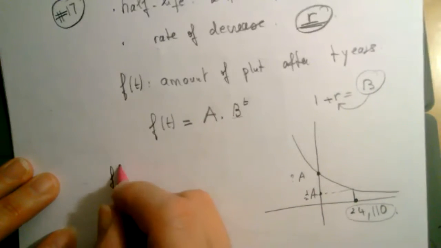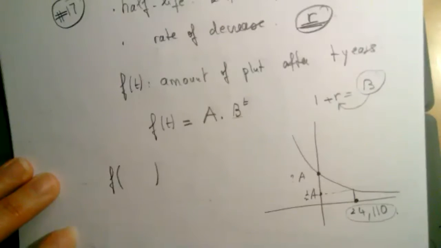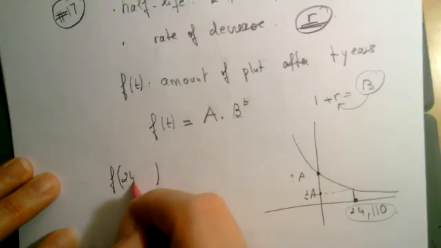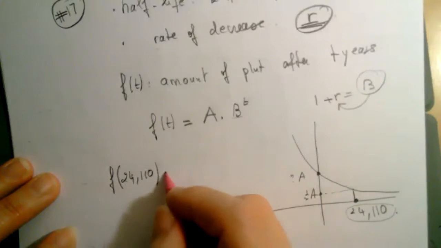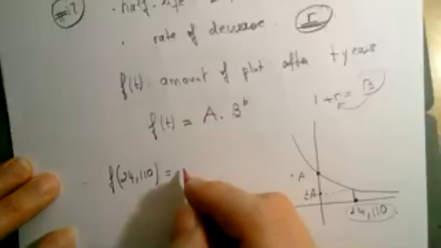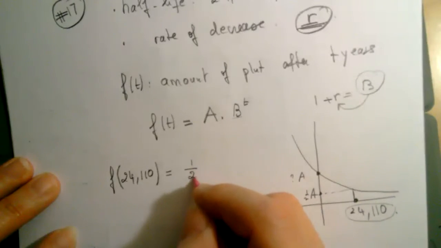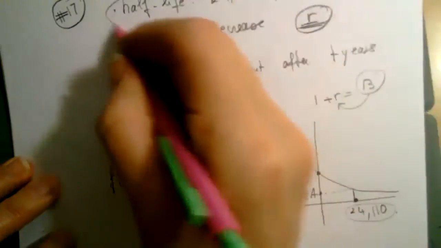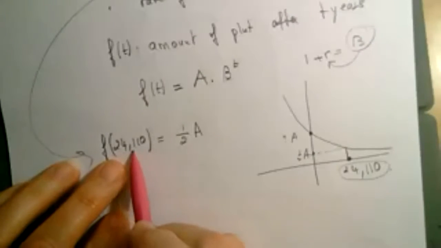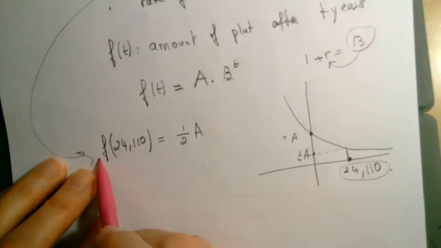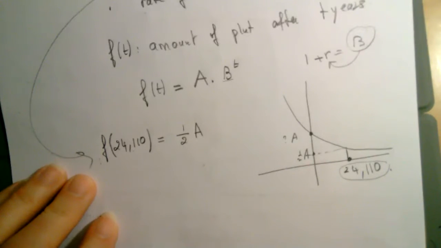The value of the plutonium after 24,110 years will be equal to half its initial value. That's how I'm using the fact that the half-life is 24,110. It means if t is 24,110, the output is half of a.